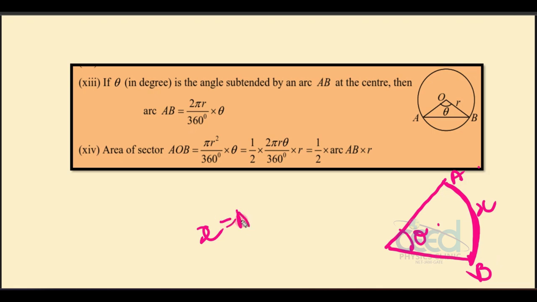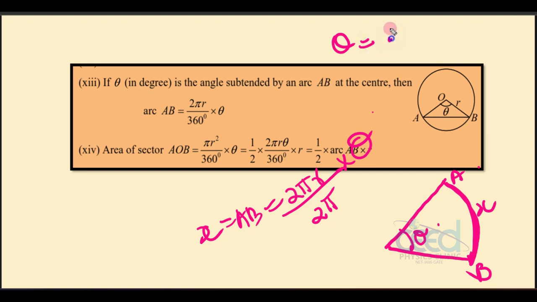To find the arc length, it is perimeter divided by 2 pi, that means 360, into theta. That is the expression. Or you can say angle is equal to arc length by radius. Then arc length L is equal to r theta. This is also possible, right?